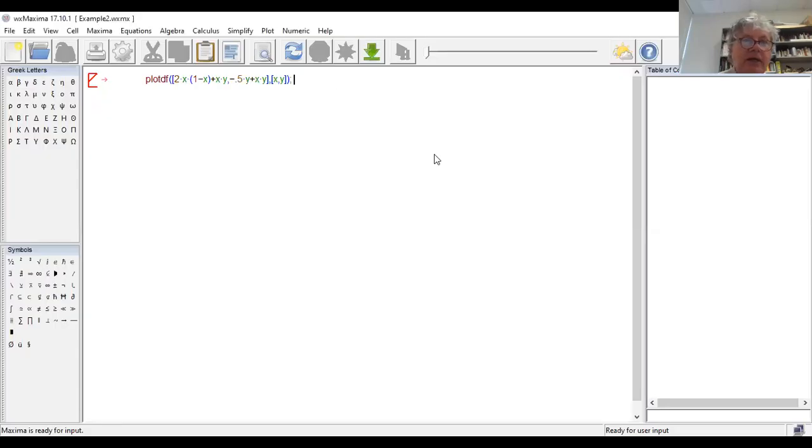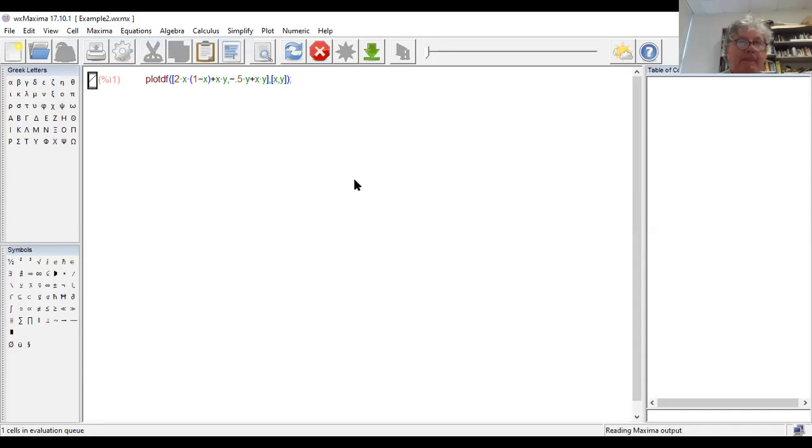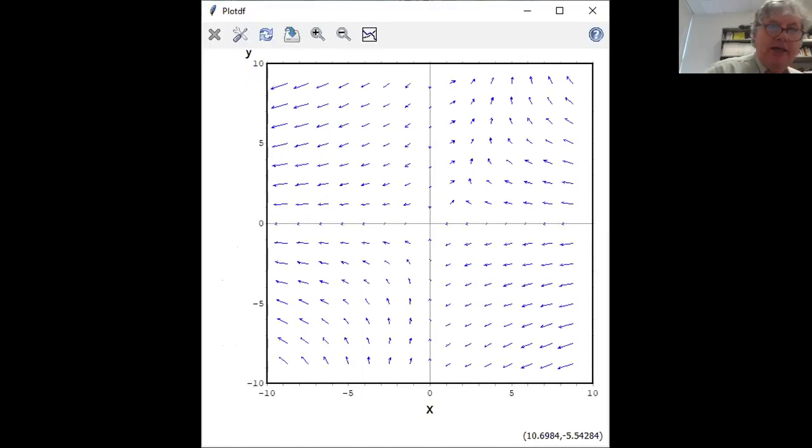Okay, so here I've put the equations into Maxima. So I'm going to evaluate the cell. And here we get our phase plane. I'm really only interested in the first quadrant.